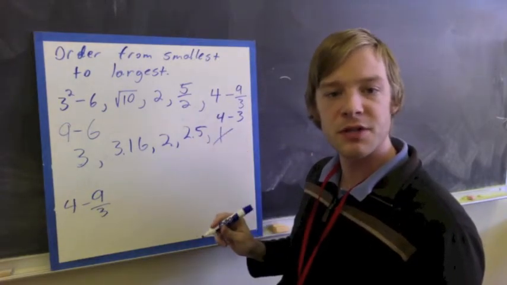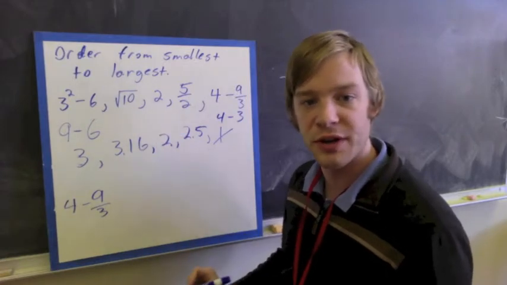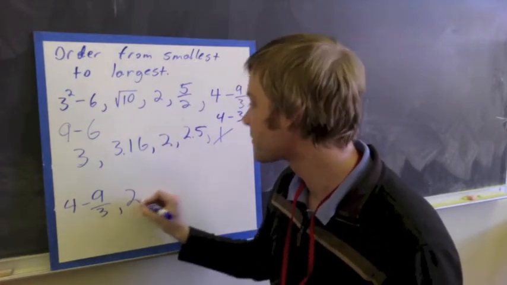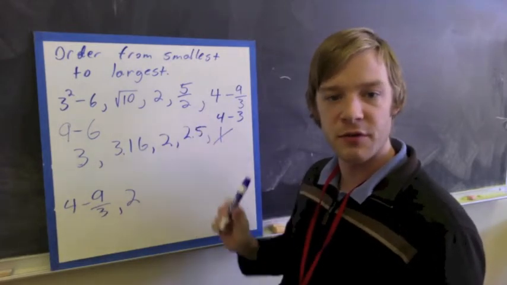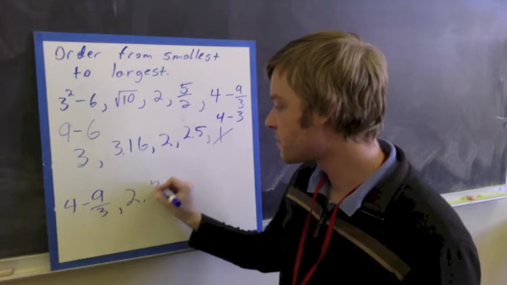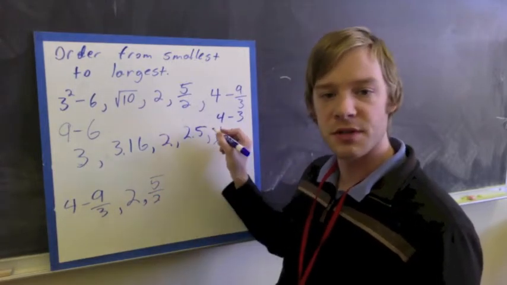The next smallest number that I have is 2. And that was just 2 to begin with, so I can write a 2 down here. Next we have 2.5, which is 5 over 2. Cross these off.